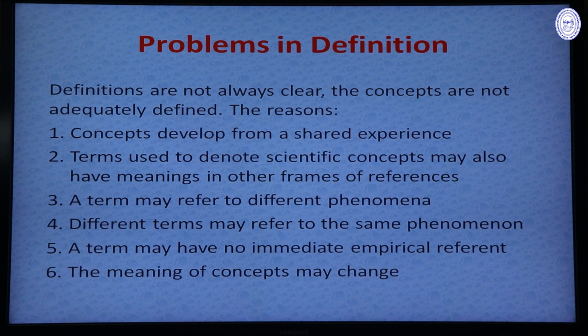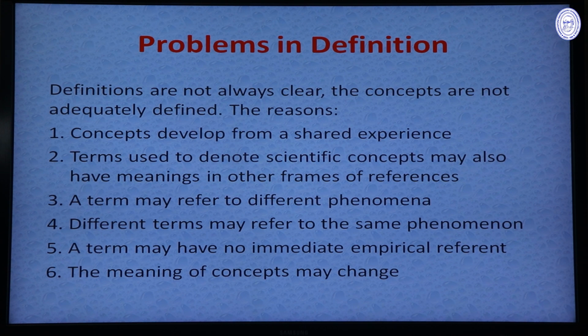So if the definitions are not clear, then the concepts are not adequately defined. So we are applying definitions to designate the concepts. Now if the definitions are not very clear, then they cannot designate the concepts. So the concepts then remain inadequately defined.